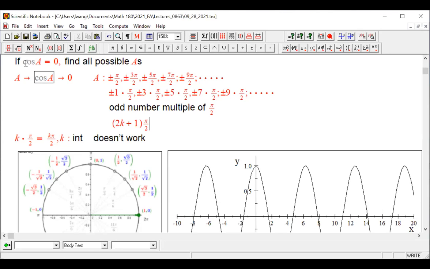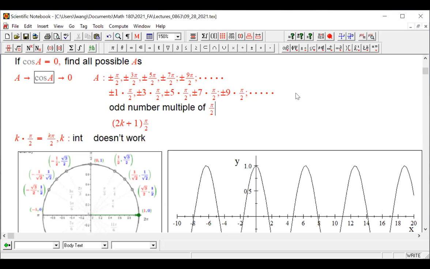Okay. All right. So if output is 0, the input would be 2k plus 1 times pi over 2. How do you verify you're gonna cover all of these numbers? You want to verify, right? Can you verify them? How about we do breakout rooms? Farouz will take some of you, and I will take some of you.